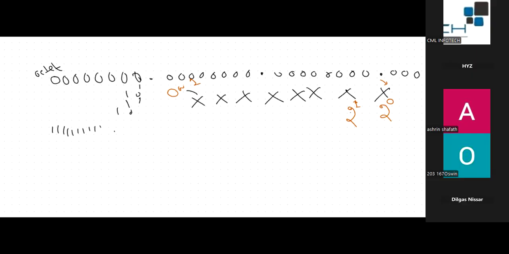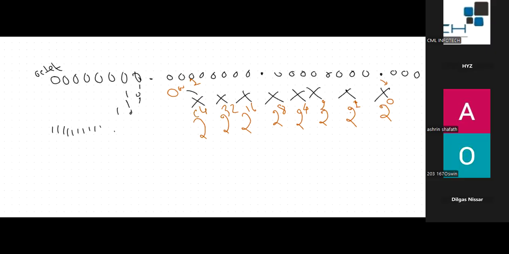Then everything goes in the form of doubling. 2 raised to 2, then the double of that, 2 raised to 4, then 2 raised to 8, double of the 4, then 2 raised to 16, then 2 raised to 32, then 2 raised to 64. It goes in the form of doubling.